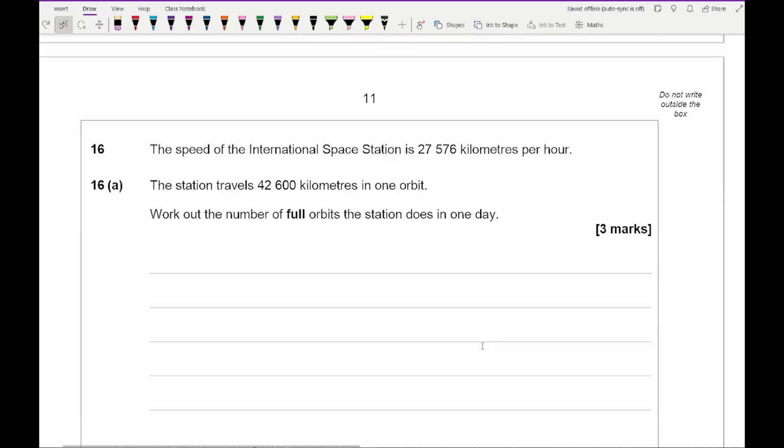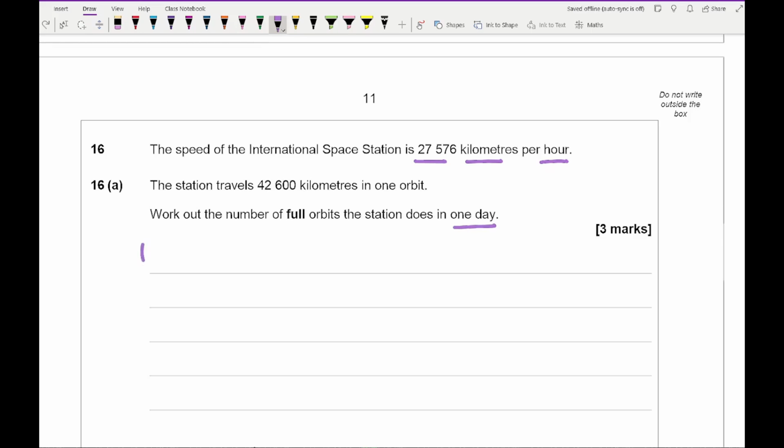Moving on to question 18, it says the speed of the International Space Station is 27,576 kilometers per hour. The station travels 42,600 kilometers in one orbit. Work out the number of full orbits the station does in one day. So for this, what we need to recognize is we've been given the speed in kilometers per hour, and we want to know how many orbits it does in one day.